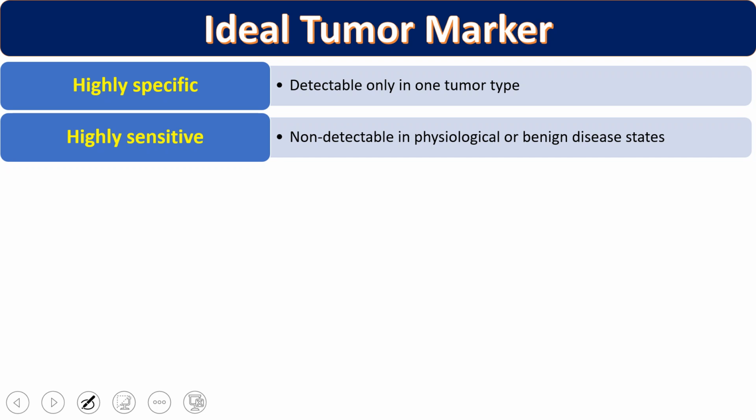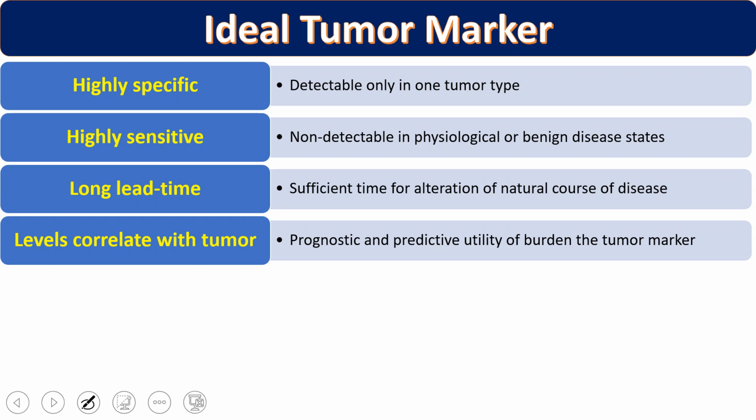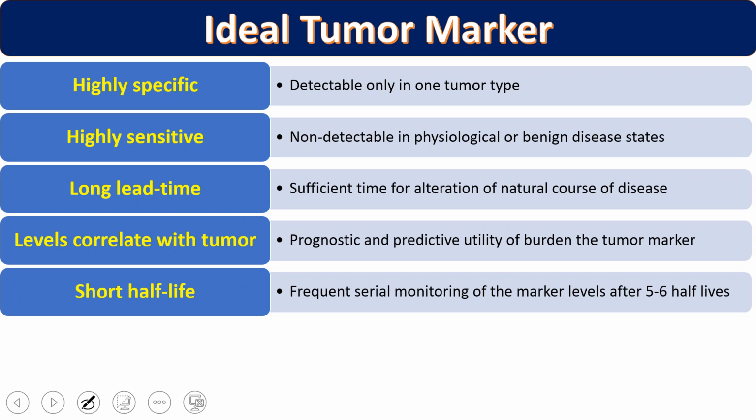It should be highly sensitive, meaning non-detectable in physiological or benign disease states. So it should be highly sensitive, highly specific, with a long lead time, giving sufficient time for alteration of the natural course of disease. Its level should correlate with the tumor, so it can be used for prognostic purposes and predictive utility in case of tumor burden.